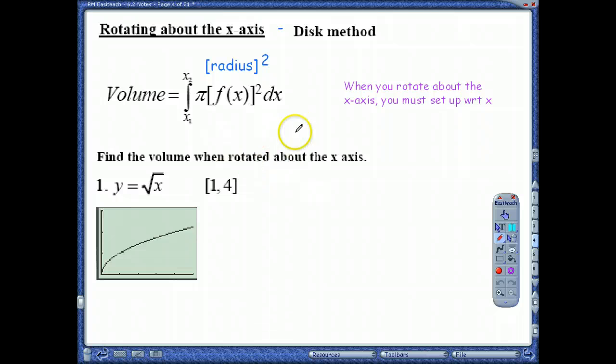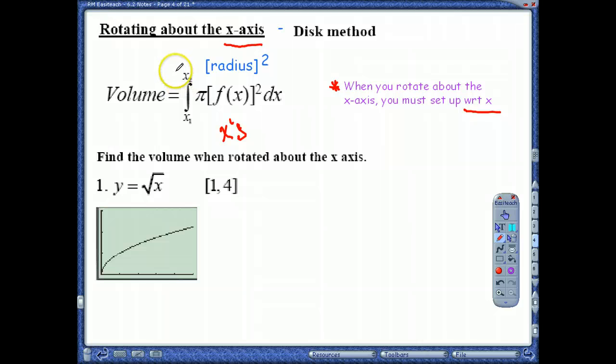So when we rotate this about the x-axis, the first thing we're going to realize is that now when we are rotating it about the x-axis, we have no choice. Everything is about the x. So when you rotate about the x-axis, everything is about x's. What's inside your integral has to be x's.